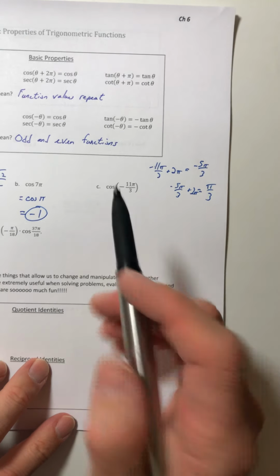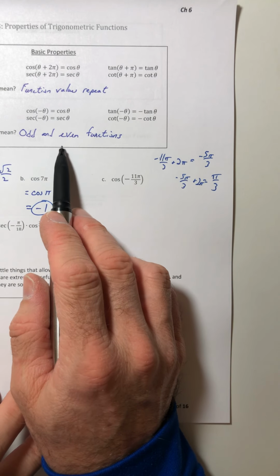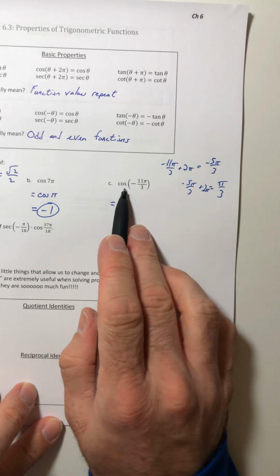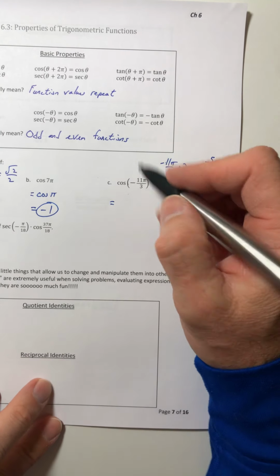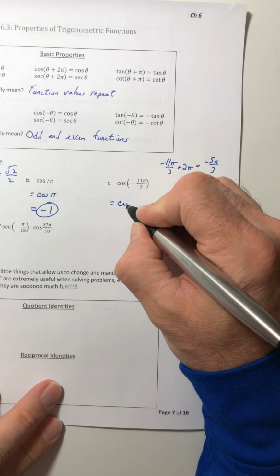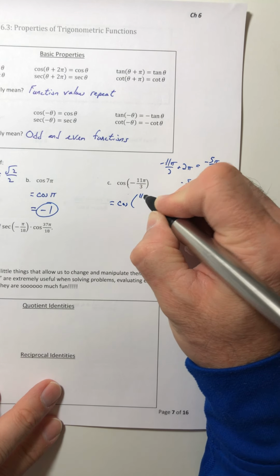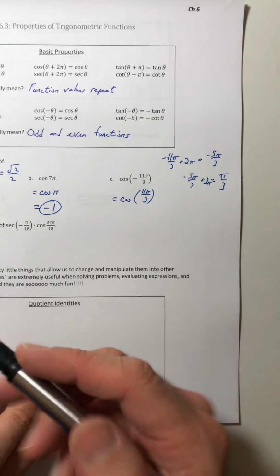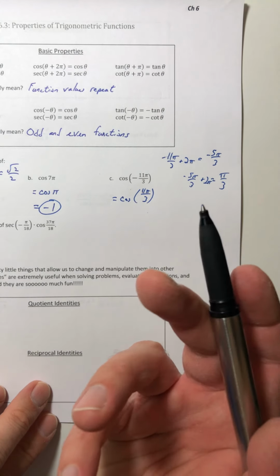Or you can use the odd and even functions. So like for cosine, because it's got a negative in there, it doesn't matter whether the angle is positive or negative, they are equal to each other. So you could go like that and then just do what we did before, just keep subtracting 2 pi until you get it to an angle that you like.